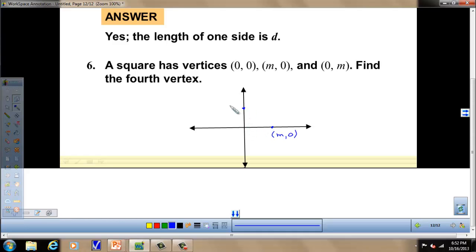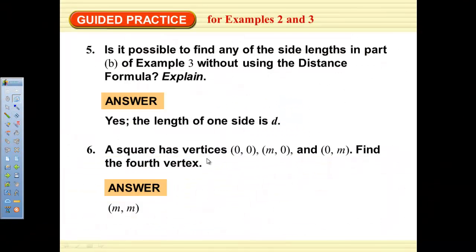Hopefully that's about right. This point would be (0, m) because the distance would be m on the y-axis, and then it would look like this. Of course, this corner down here would be (0, 0). And the fourth vertex, which is what they're asking for, this one up here, the distance from here to here is m, so my x-coordinate is m. And going up, my y-coordinate is m as well. So the fourth vertex would be (m, m). There we go. And that's it.